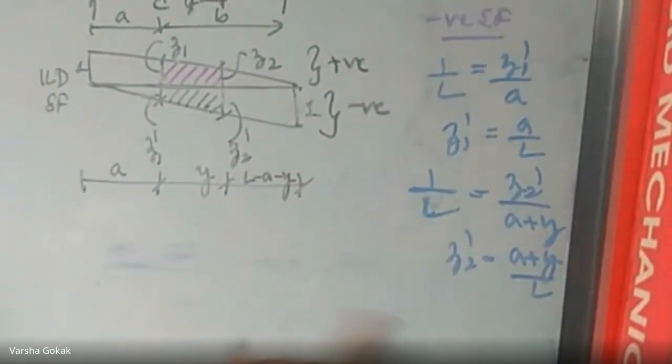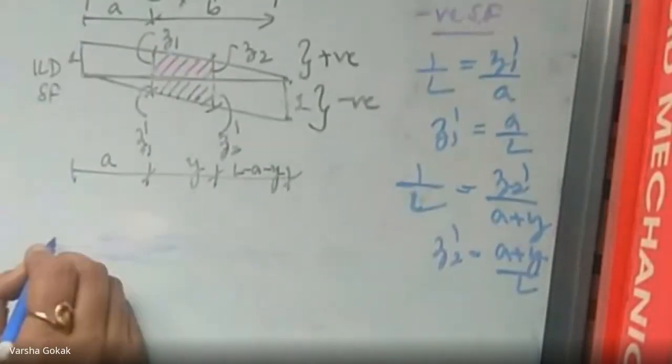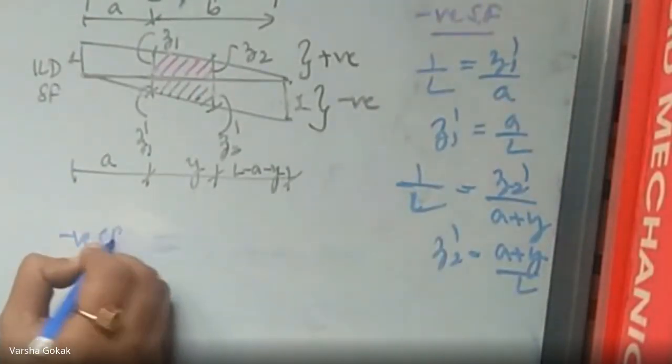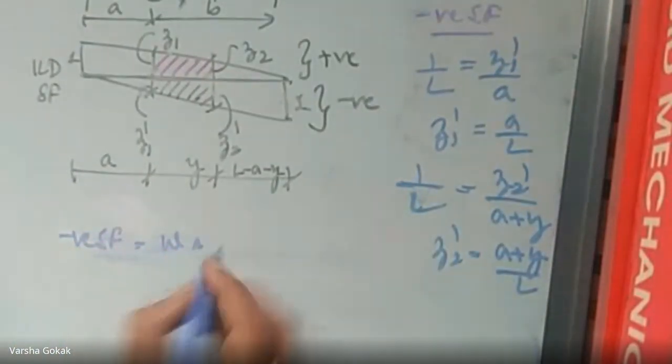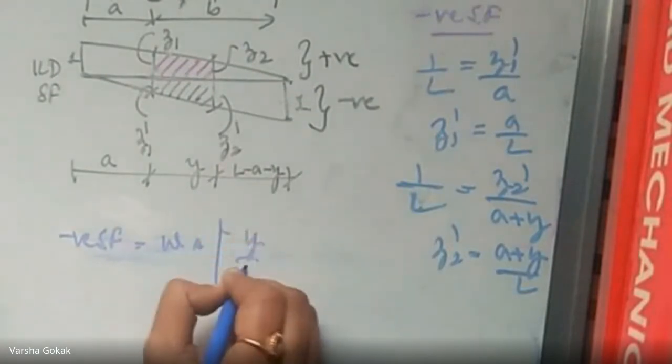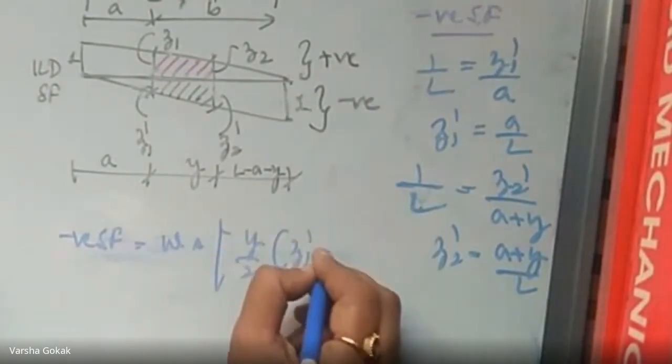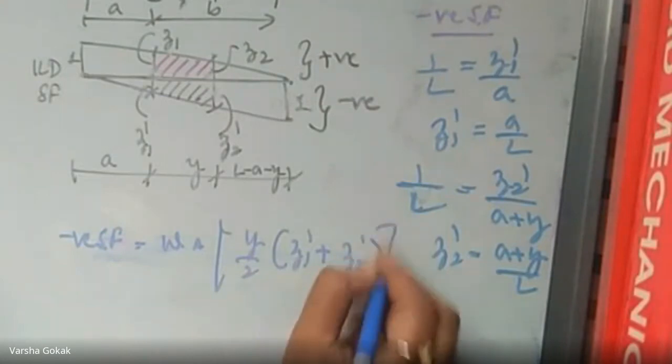So once you get these two values, your negative shear force value is load into area. Area means Y by 2 into (Z1 dash plus Z2 dash).